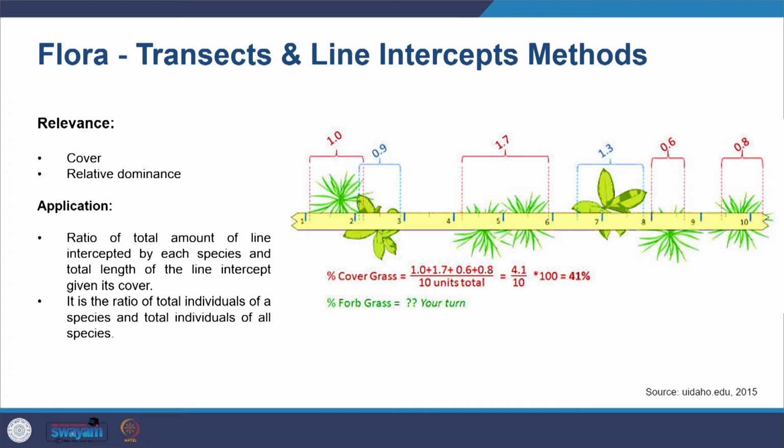You create a ratio of the total amount of line intercepted by each species to the total length of line intercepts, given its cover. You also take the ratio of the total individuals of a species to the total individuals of all species. The benefit of this is that it allows rapid assessment of vegetation transition zones.